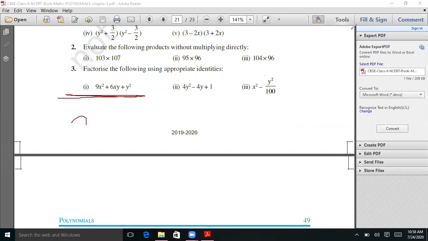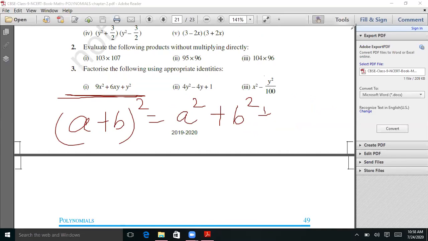As you have identity, suppose a plus b whole square is equal to a square plus b square plus 2ab. If you are to expand it or find out the product, then you go left to right, and if you have to factorize, then you come right to left, right?